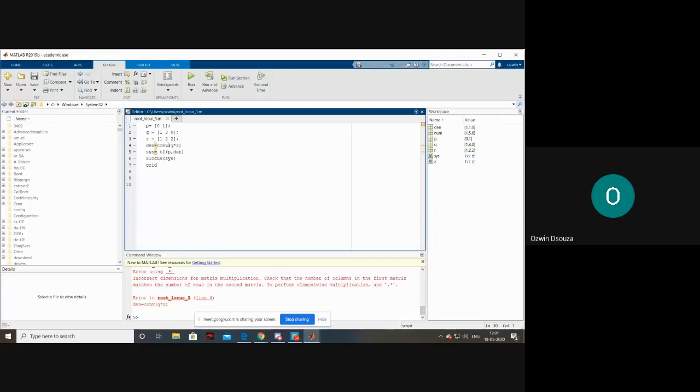Because I don't remember the code, I can quickly factorize this. I have s square plus 3s into s square plus 2s plus 2. If I multiply, s to the power 4 plus 2s cube plus 2s square plus 2s cube plus 6s square plus 6s.